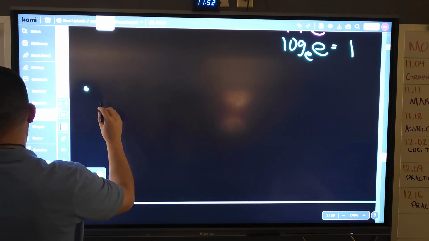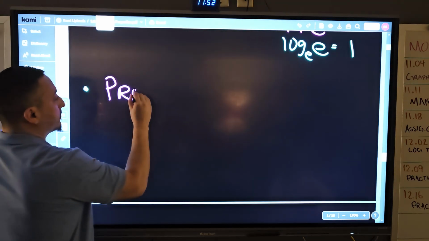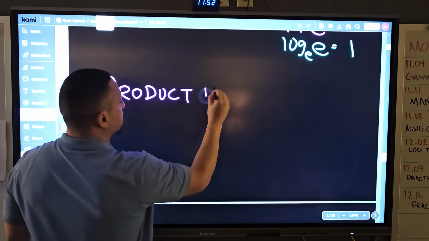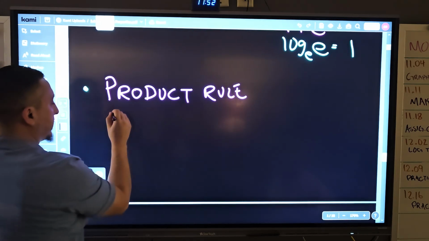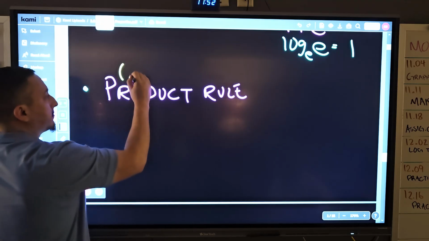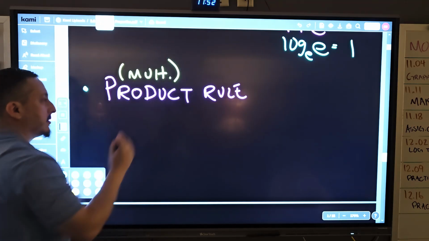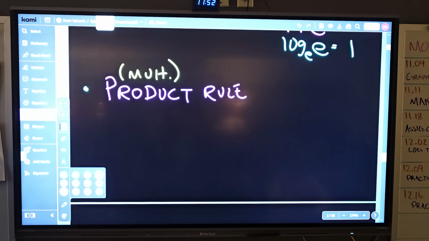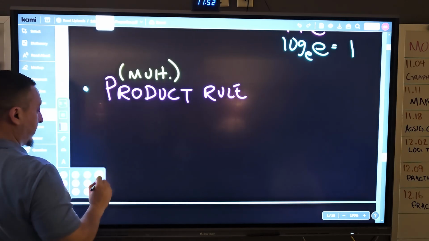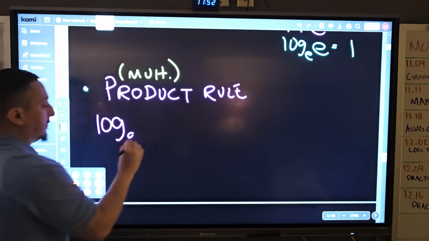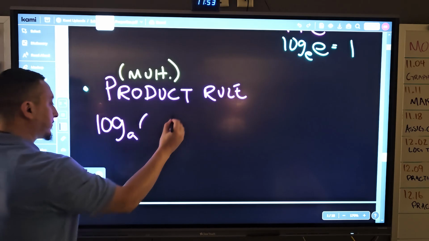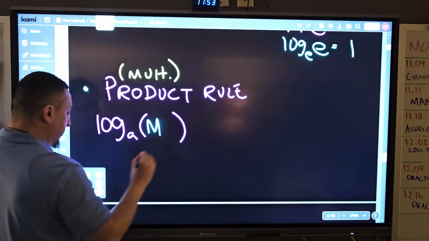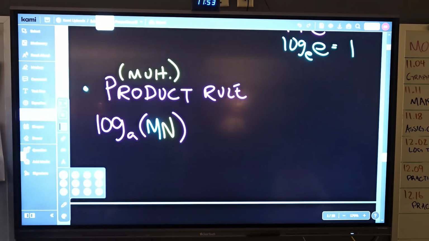So here we go. Next one, it's called the product rule. Product means multiplication. So, multiplication rule. That one looks like this. If you have the log of any base, again, it's not dependent on the base, of mn.